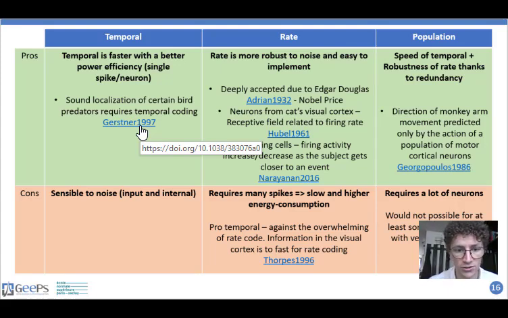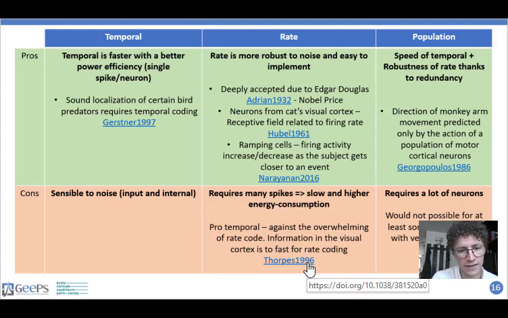And Thorpe also, in 1996, who is very pro-temporal, found that the information in the human visual cortex is too fast for rate coding, so it would suggest faster coding, such as temporal code. I've also read an interesting paper about population code in the monkey brain.